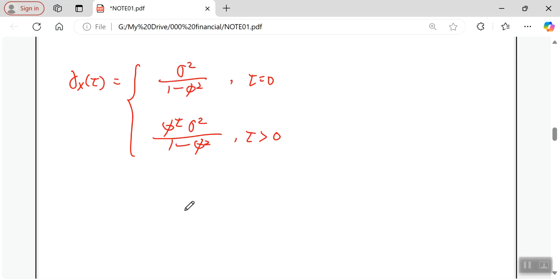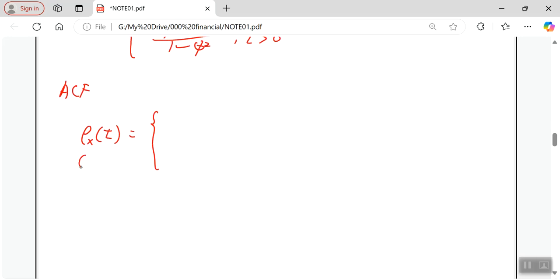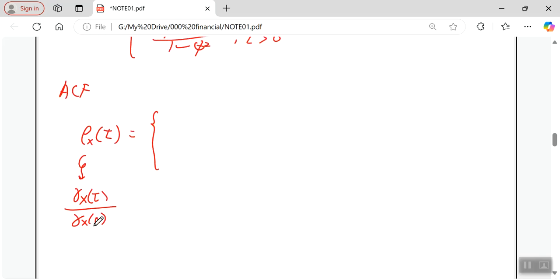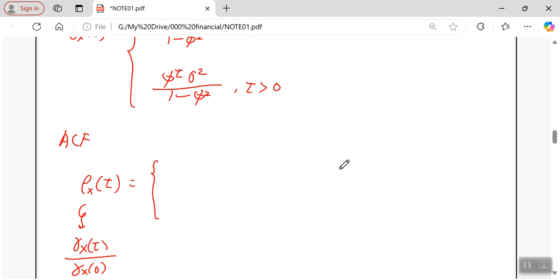So in order to get the correlation, the ACF, which is rho of x with a lag of tau, this term is equal to gamma x tau over gamma x 0. The first term is variance over variance, so this must be 1 for tau equal to 0.